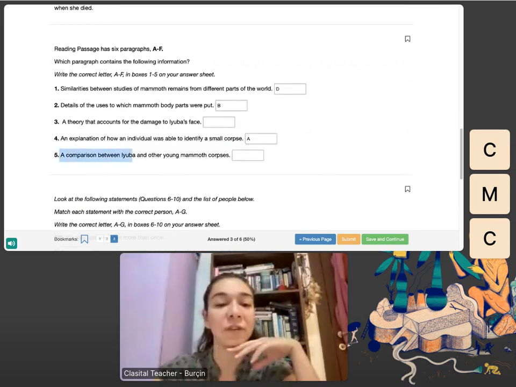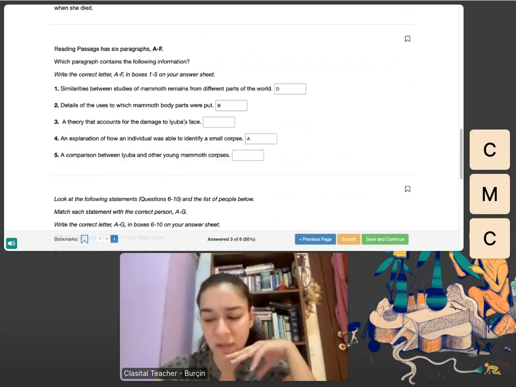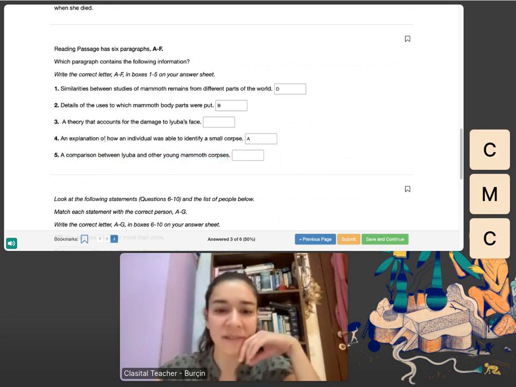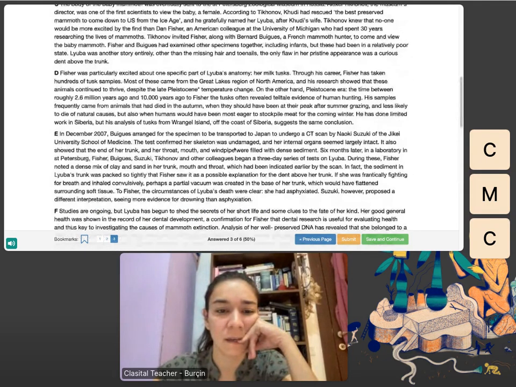Next: a comparison between Lullaby and other young mammal corpses. Have I seen one? Yes, I have seen this one. Where was it?